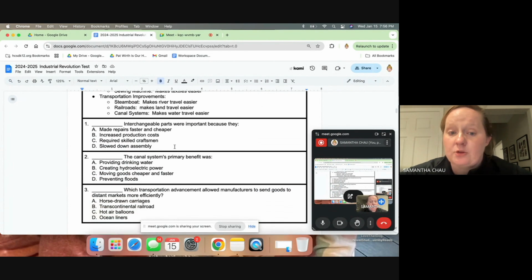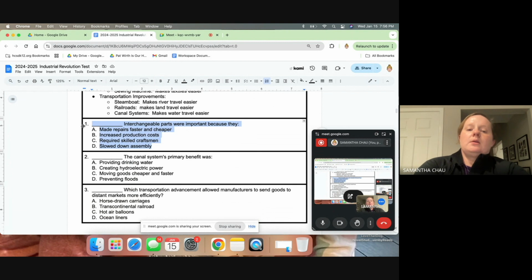Okay, I'm going to highlight the question as I read it. Number 1. Interchangeable parts were important because they made repairs faster and cheaper, increased production costs, required skilled craftsmen, slowed down assembly.